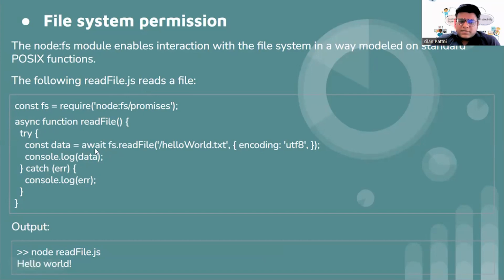The code explains that the hello world.txt file is there, and the code tries to read the file and console the data directly. Here you can see the output: readfile.js outputs the hello world content.